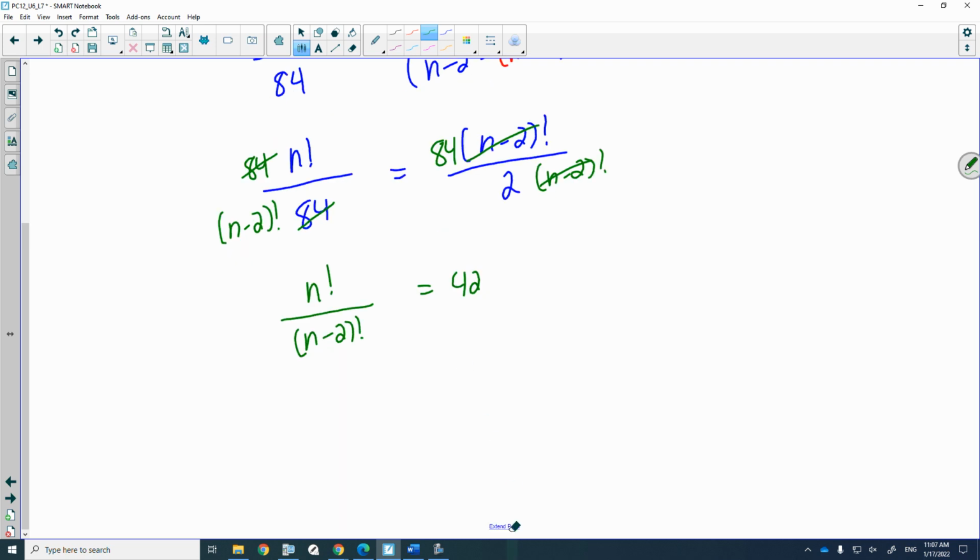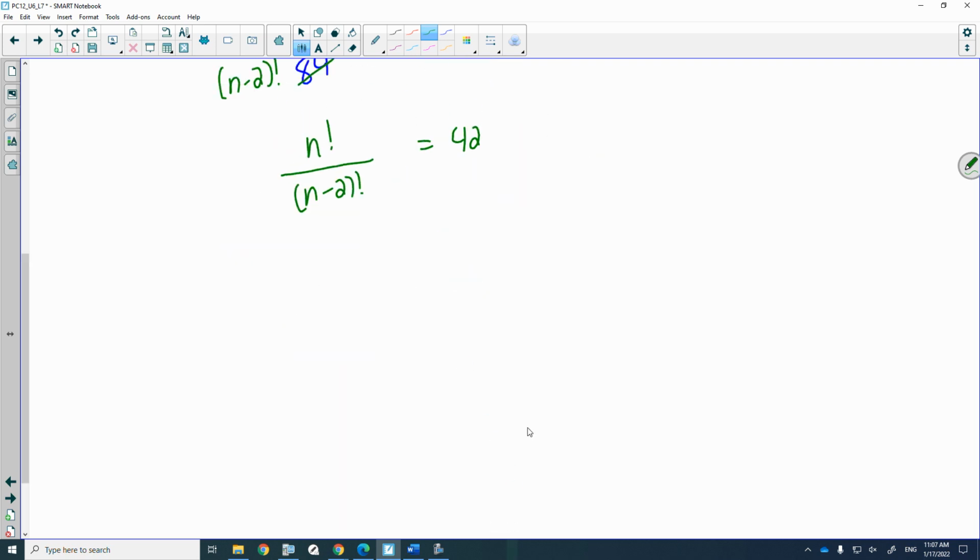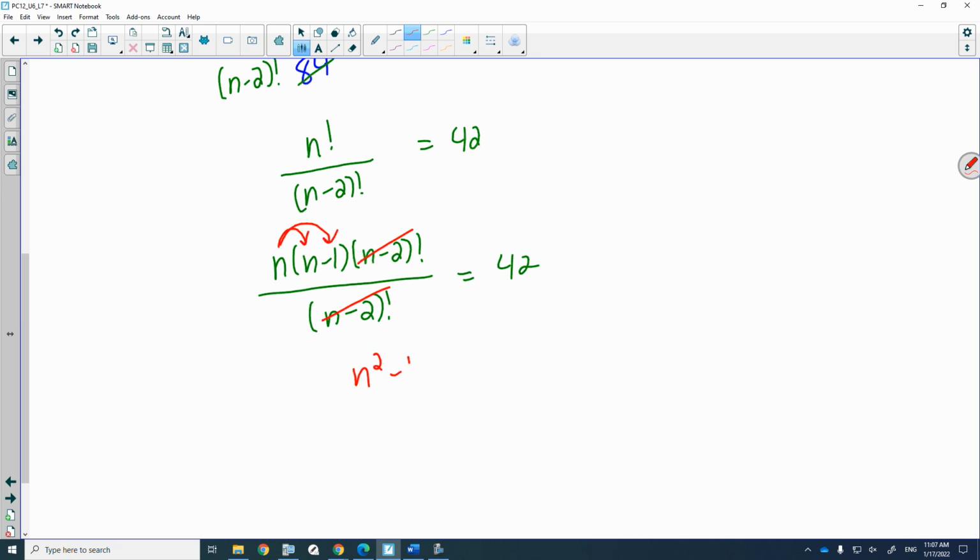And from here, you could unzip, cancel, and then you're going to get your quadratic. So n minus 1, n minus 2 factorial over n minus 2 factorial cancel. We're going to get n squared minus 1n minus 42 equals 0.